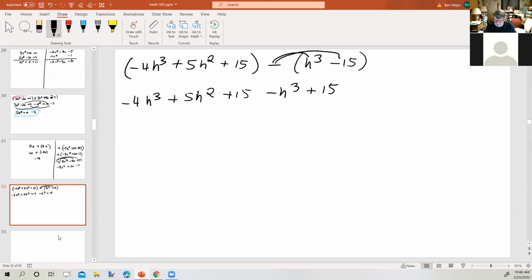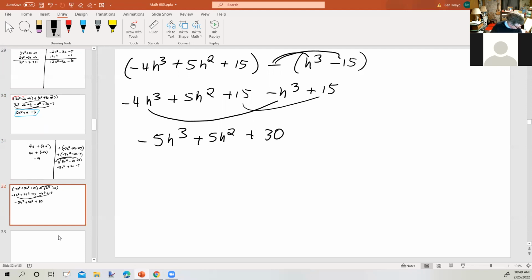Be okay with that? Any questions there? All right, coming back and combining like terms, negative 4h cubed minus 1 more h cubed is negative 5h cubed. And then I've got plus 5h squared and then plus 30. There's the final answer.